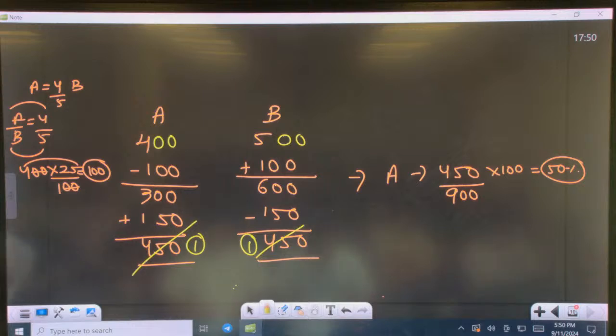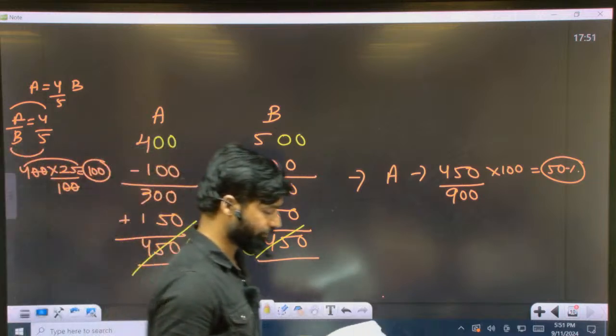Write the question. First of all, write the solution of the previous one.